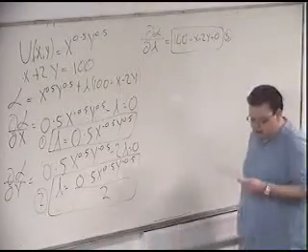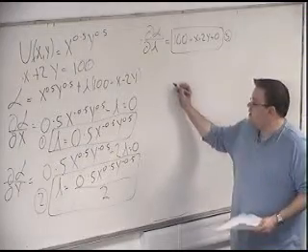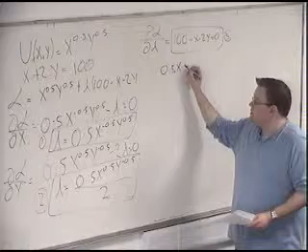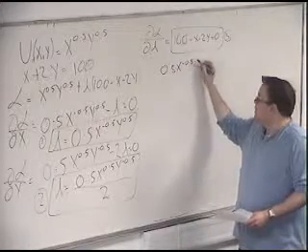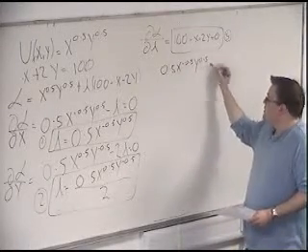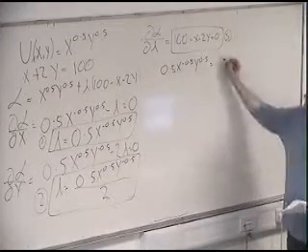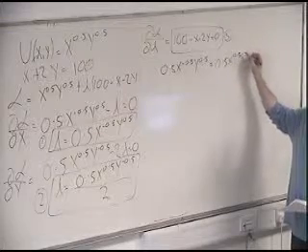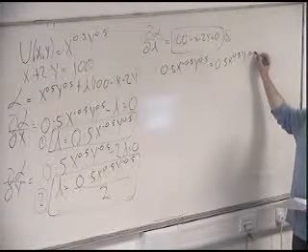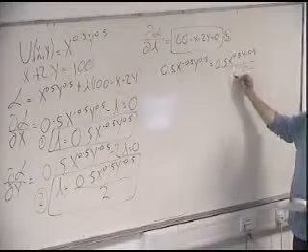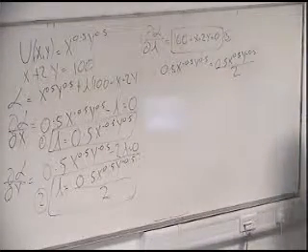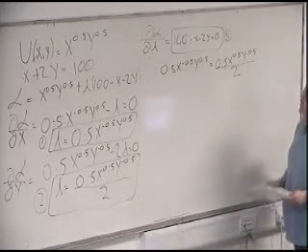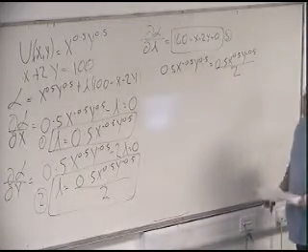So let's take the first and the second. Because they're both equal to lambda, we can set them equal to each other. So half x to the minus a half y to the half is equal to number 2, a half x to the half y to the minus a half, all divided by 2. We want to find x in terms of y or y in terms of x.